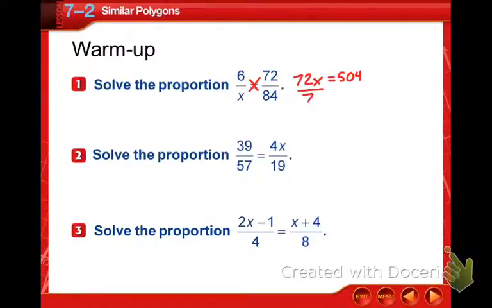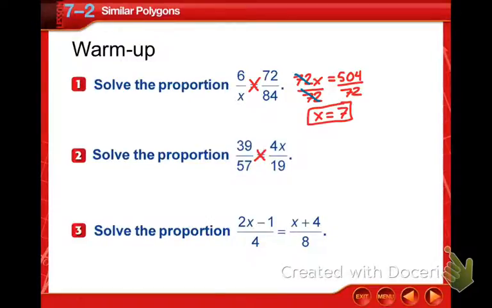And we divide by 72 on both sides. That cancels on the left, and we're left with x equal to 504 divided by 72, which is 7. So there's our first one.